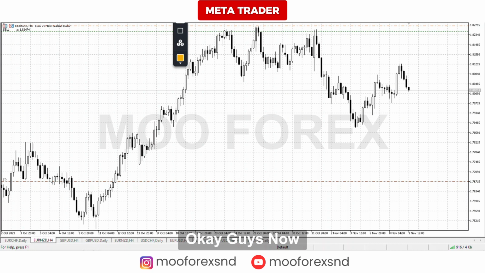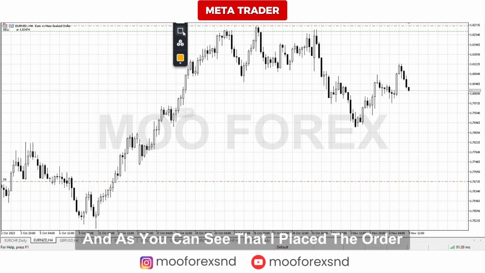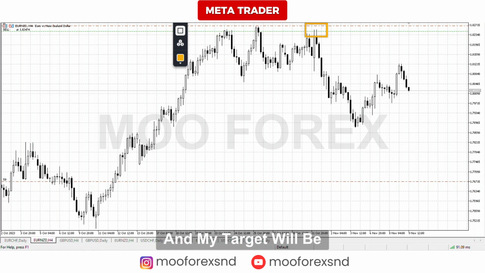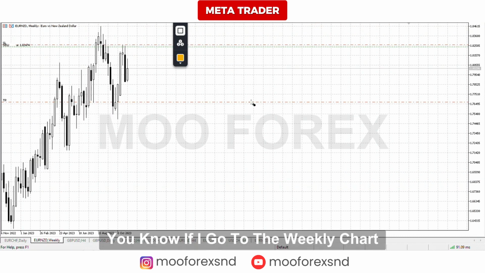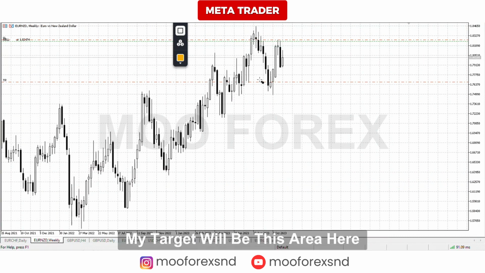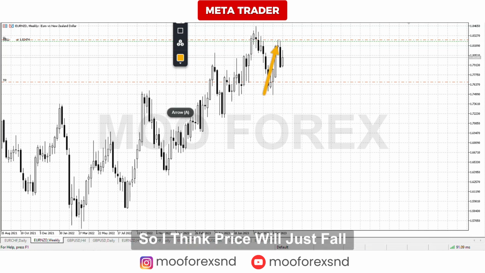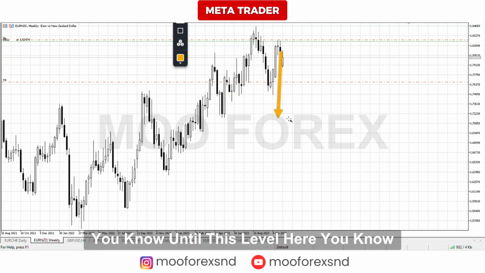As you can see, I placed the order right here and my trade was executed. My target, if I go to the weekly chart, will be this area here, because it's a weekly order block, but this order block didn't actually make a high. So I think price will fall until this level here.